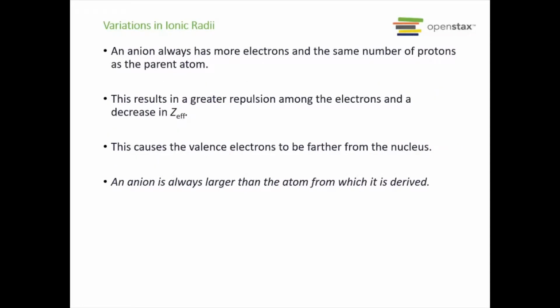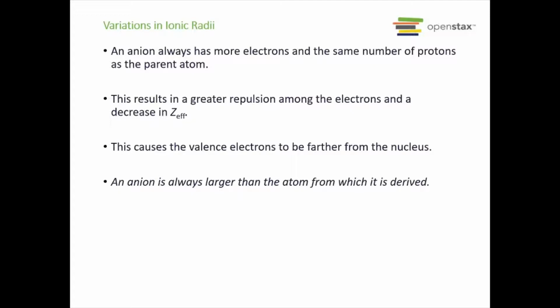Now, anions have more electrons than protons, and if we start adding electrons, we have greater repulsions and a decrease in our Z effective. So I've got more friends coming to the party, hanging out with me at the bonfire, but the amount of food hasn't changed.